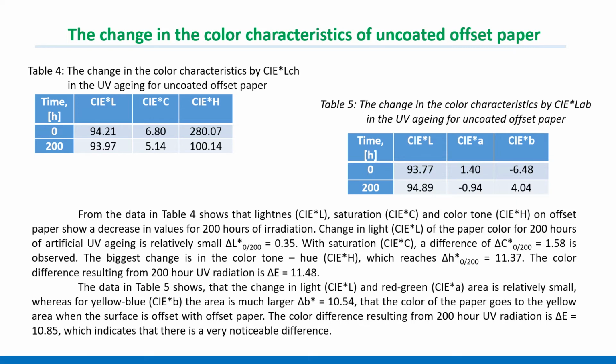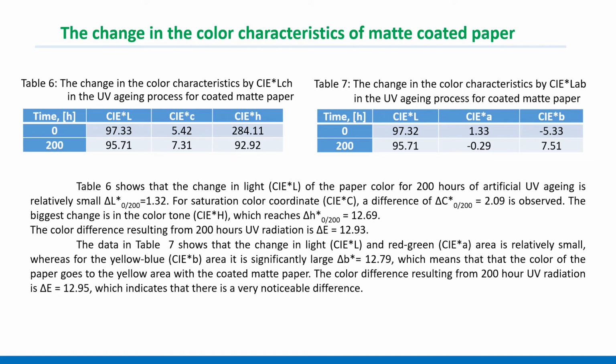You can see the changes. Now you see the rest of the data. In color data, in changes, we have calculated the color differences. You can see how big are color differences, how big are chroma differences and hue differences.